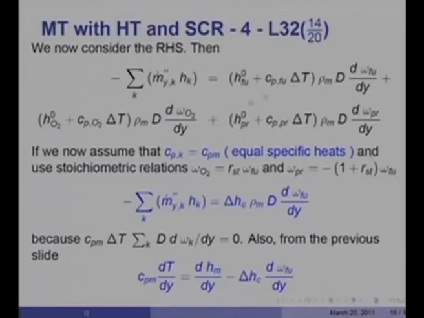If I do that, then this entire relationship can be written as minus del Hc rho m D d omega Fu by dy, because Cpm delta T into sigma k d omega k by dy, since sigma omega k would simply add up to 1, is equal to 0. And also from the previous slide, we have shown that Cpm dT by dy is equal to dHm by dy minus, remember.